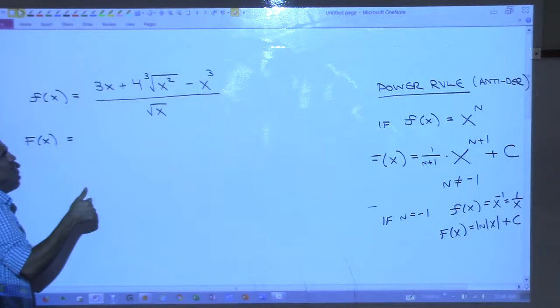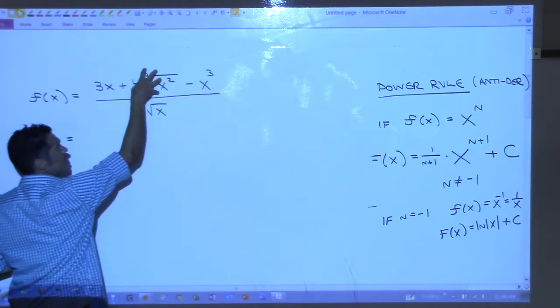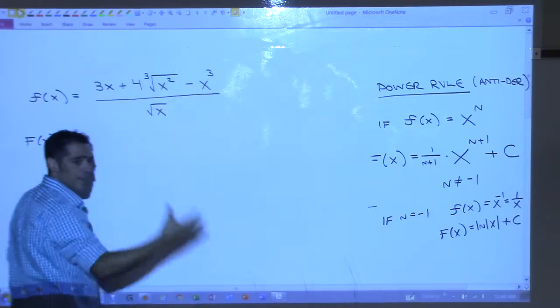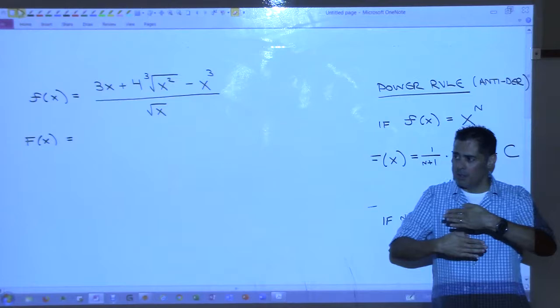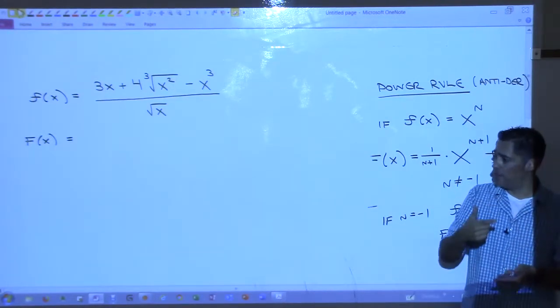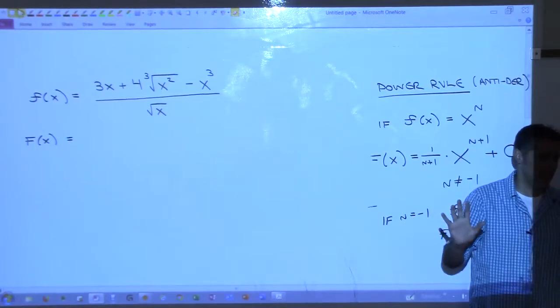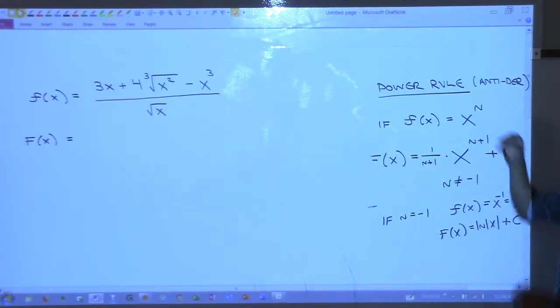Yeah. So this is very important. You cannot do these individually, for the same reason I just explained, we have a quotient here. When we have a quotient, doing an antiderivative is going to be just as complicated as taking a derivative was. We haven't even talked about how we do that yet. The only thing we can deal with right now is when we have x to a power by itself.